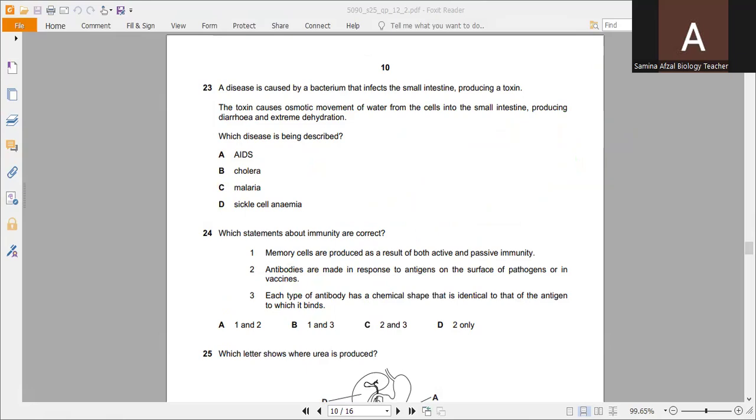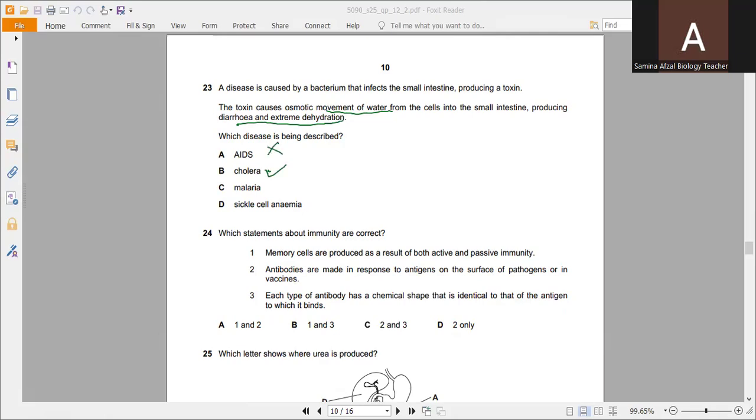Which disease is being described? All these symptoms are of cholera.